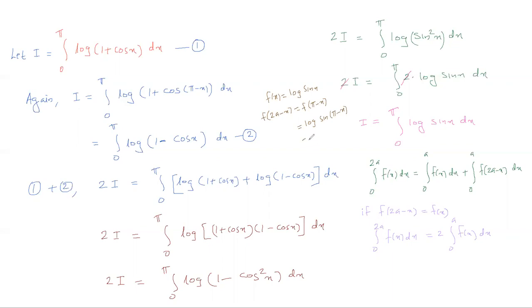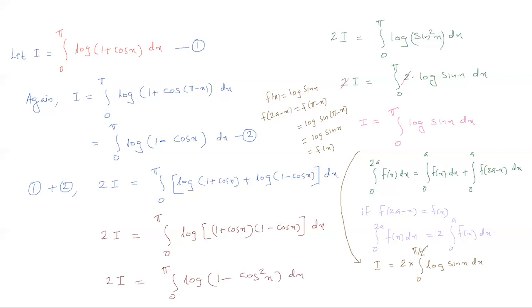Log sine pi minus x is same as sine x. So log sine x is your original function itself. So this can be written as I is equal to 2 into integral 0 to a, not 2a, a. So that is pi by 2, because 2a is pi, so a will be pi by 2. Log sin x dx.